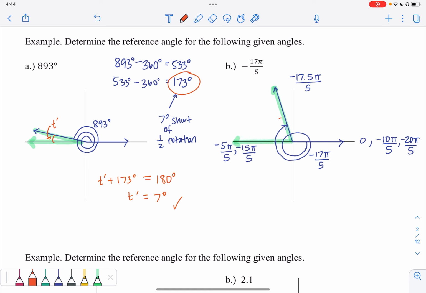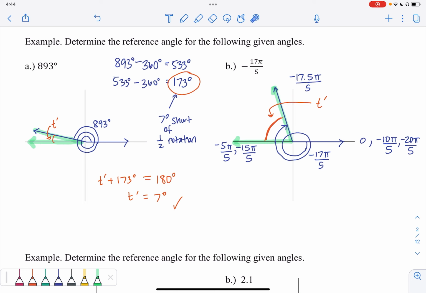So here's that. So I've actually found the reference angle. I can point to it now. And then the second piece to that is going to be identifying how big it is. So what is that? Well, I know that negative 17 pi over 5 is where I put my terminal side, and negative 15 pi over 5 was kind of the marker.